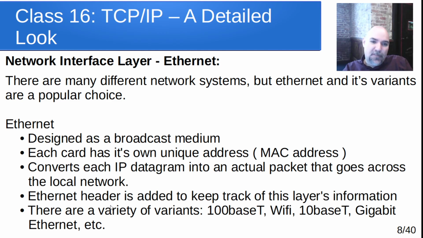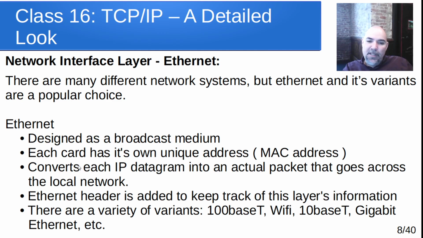But so the physical layer, notice that TCP and IP are not a specific kind of hardware. They are a logical addressing system that's built on top of, or is compatible with, a variety of lower level network systems. All right, so Ethernet, it was designed originally as a broadcast medium.